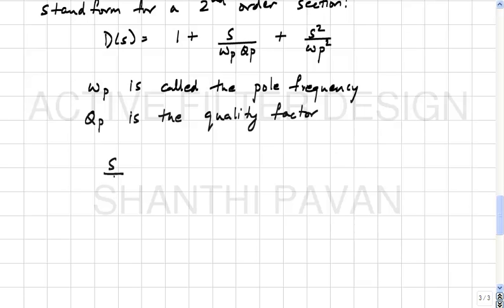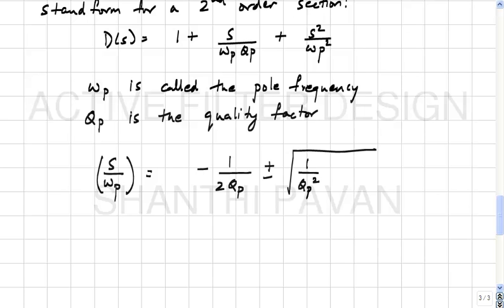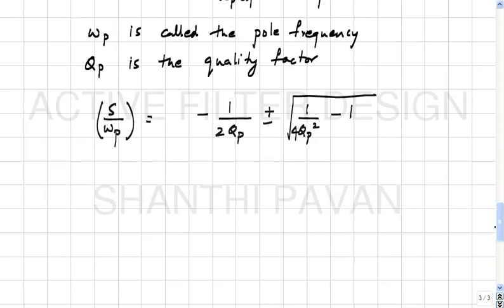So the roots of the quadratic will be, instead of carrying S by omega P all over the place, I will say S by omega P must be equal to minus 1 by 2 QP plus minus square root of B square. Okay. So, there are two poles.